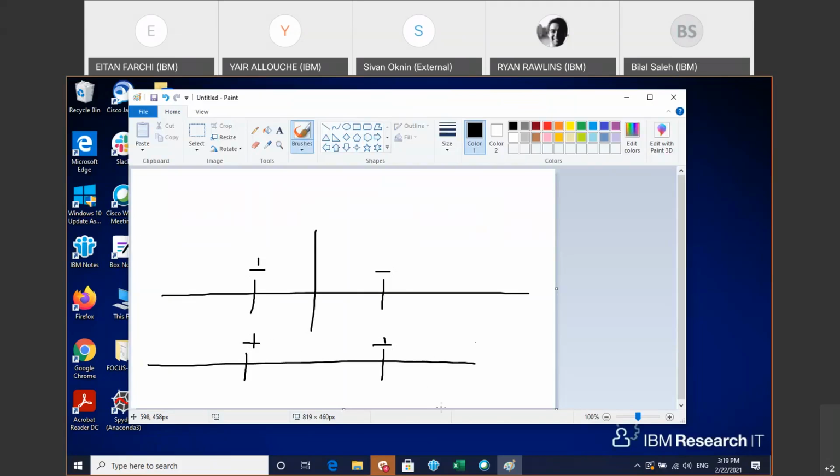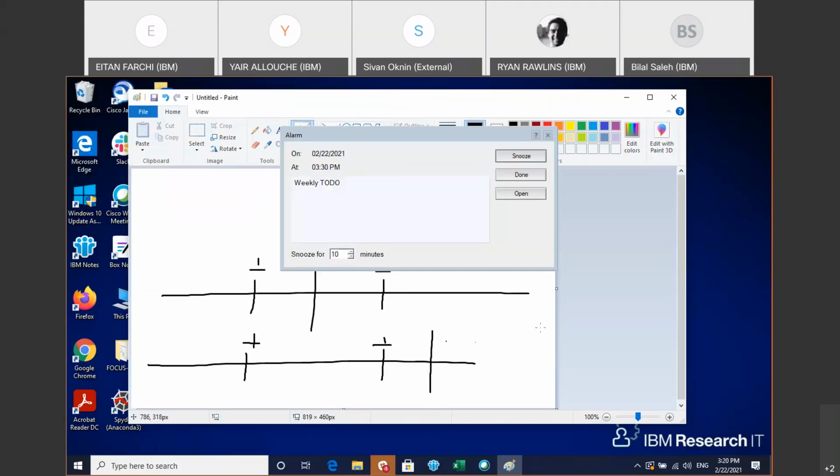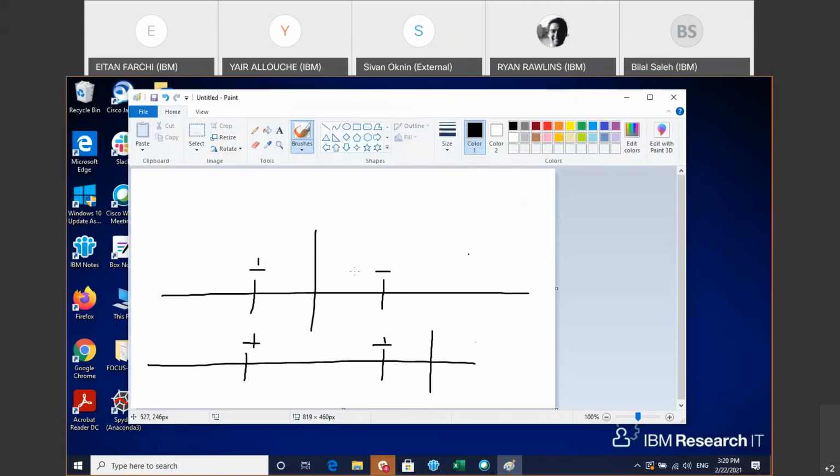Yeah, take one to the right or to the left. So I'll put a threshold here and say everything here is a plus, everything here is a minus. If I have both of them minus, again, I'll be able to do this, right? Because I'll put a threshold here and say everything here is a minus, everything here is a plus.